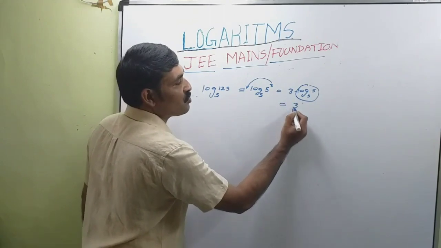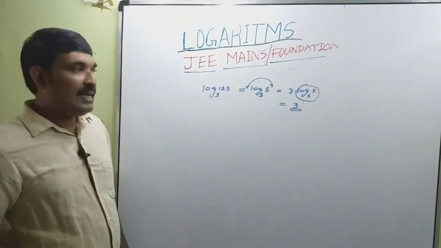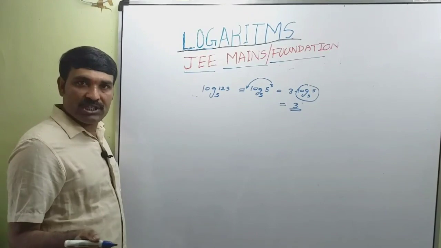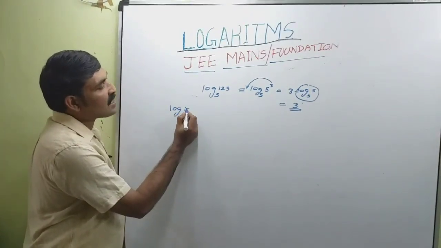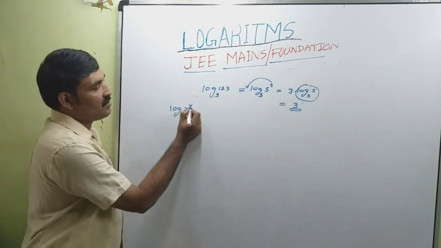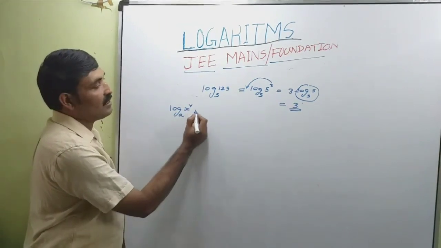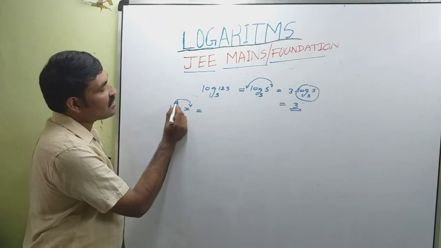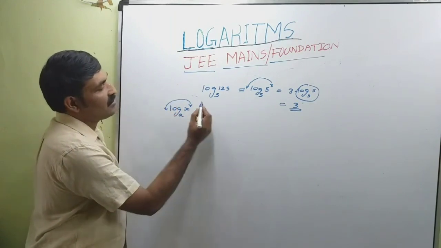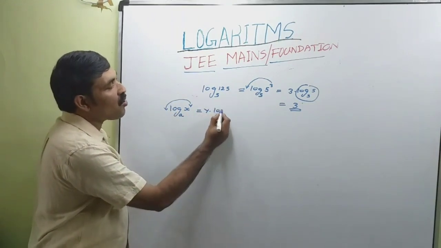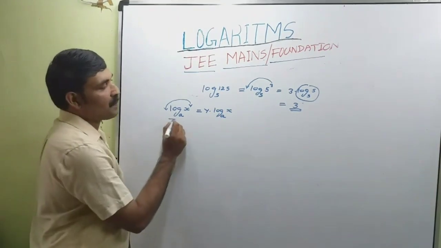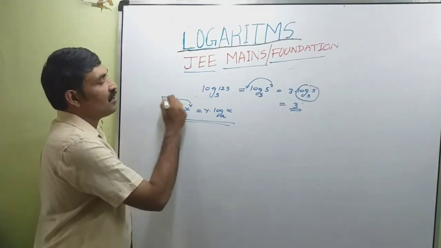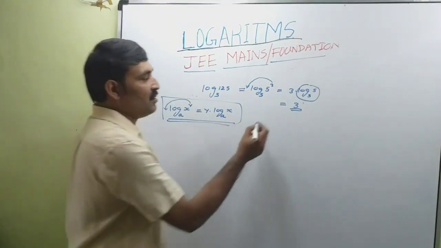This is equal to 3. So we can conclude, in general, log of x raised to y to the base a is equal to y into log of x to the base a. This is one of the important properties.